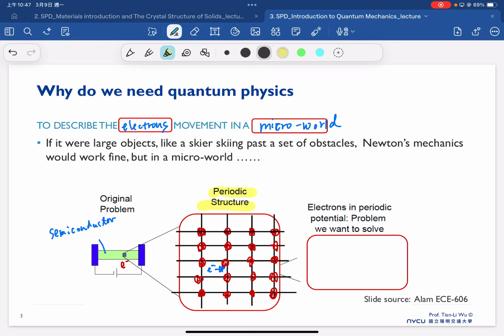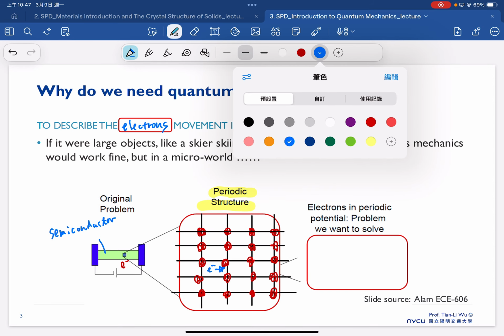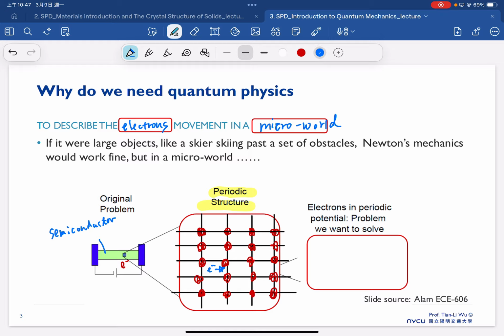We can start to simplify, or not simplify, it's actually getting complicated: the question becomes an electron moving in this periodic structure that has many atoms. So now we extend the original question to this question, the electron moving in this periodic structure.